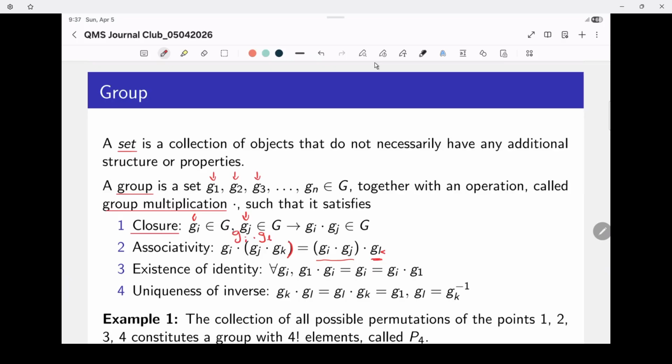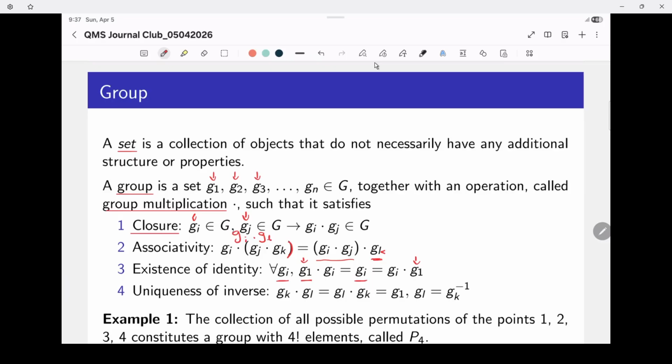The third one is the existence of identity, meaning that among the group elements you should identify one of the elements, let's say G_1, such that when you multiply it with whatever group element, whether you multiply from the left or from the right, it gives you the same element, G_i.